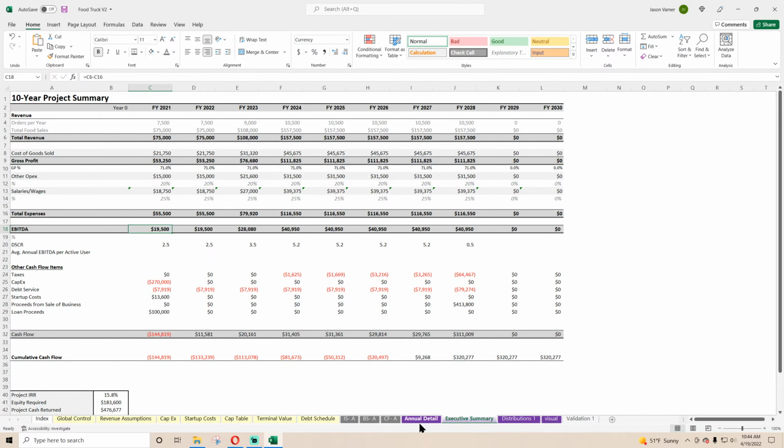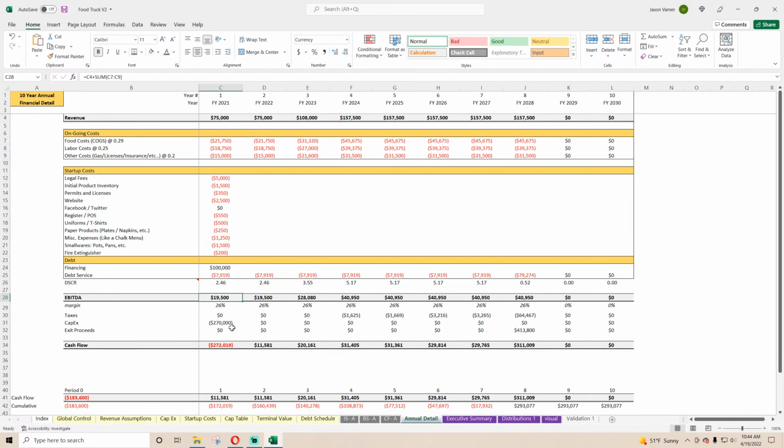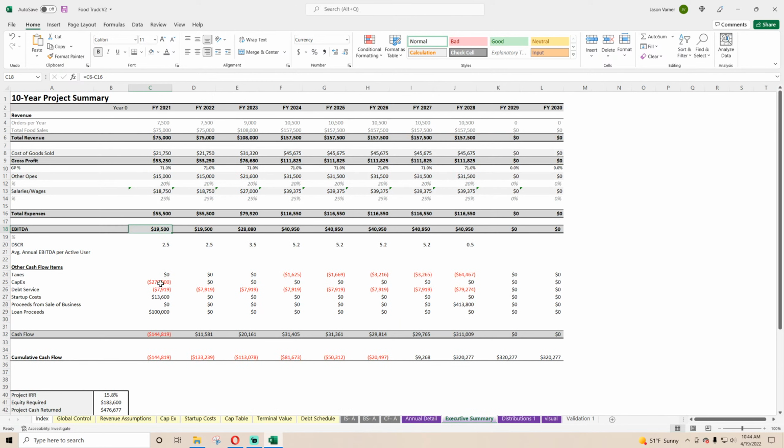All right, EBITDA 19.5, 19.5. Taxes, CapEx, exit 270. CapEx, taxes, exit is 270. Debt service, startup cost, loan proceeds is 105.